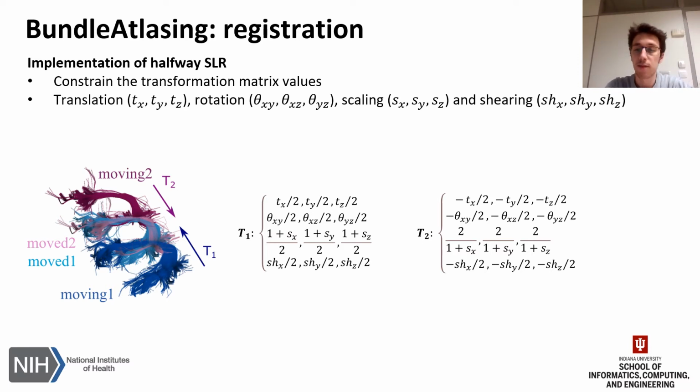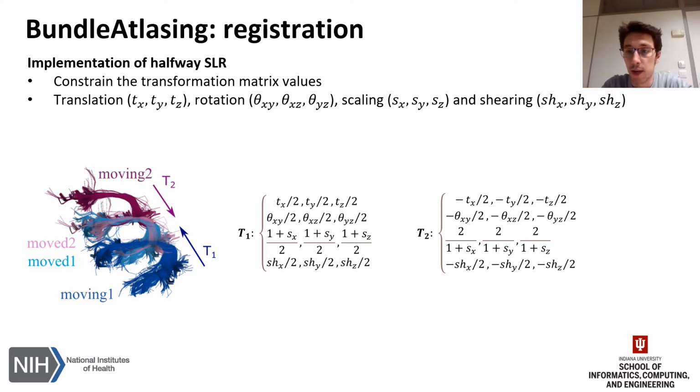That means that, for example, if the full transformation from one bundle to the other in the translation in the x-axis is 3 millimeters, we take 1.5 from one bundle and 1.5 from the other bundle in the opposite direction. So we are moving one bundle in one direction and the other one in the other direction. And the trick here is that for each transformation value, translation, rotation, scaling, and shearing, we applied opposite values for bundle 1 and bundle 2, with the same value but in opposite directions, so that they both move to the space that is in between.